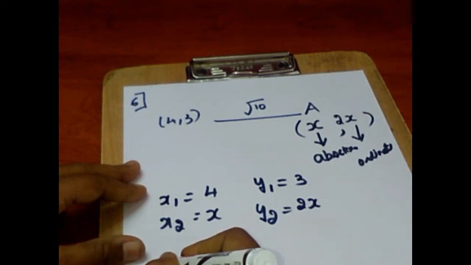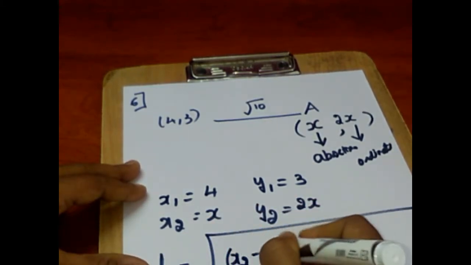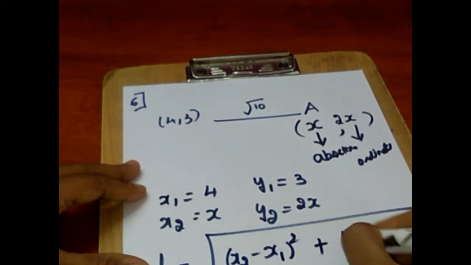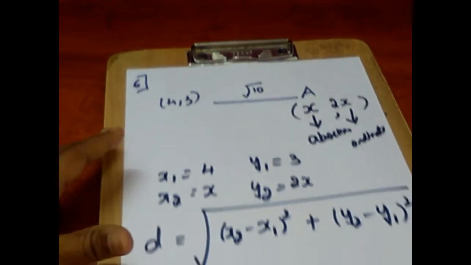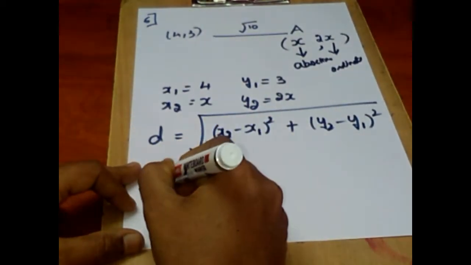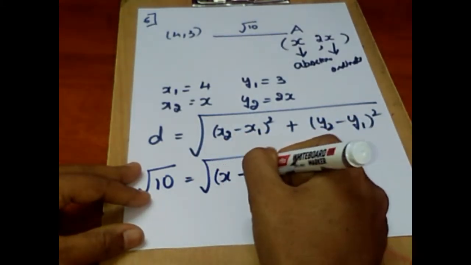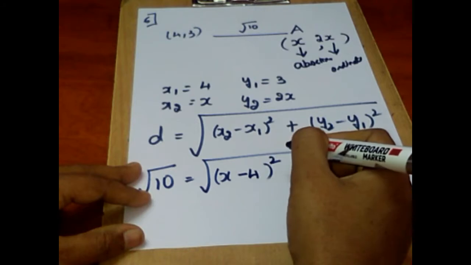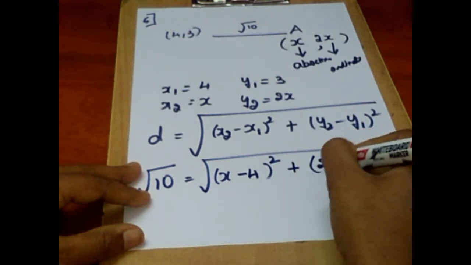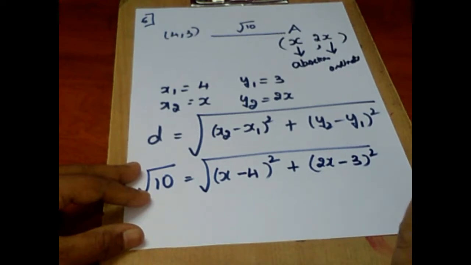Now what is the formula? Distance is calculated as square root of (x2 minus x1) whole square plus (y2 minus y1) whole square. Substitute the values, children. Distance is given as root 10, and the value of x2 is x, x1 is 4, so (x minus 4) whole square, y2 is 2x, y1 is 3, (2x minus 3) whole square.